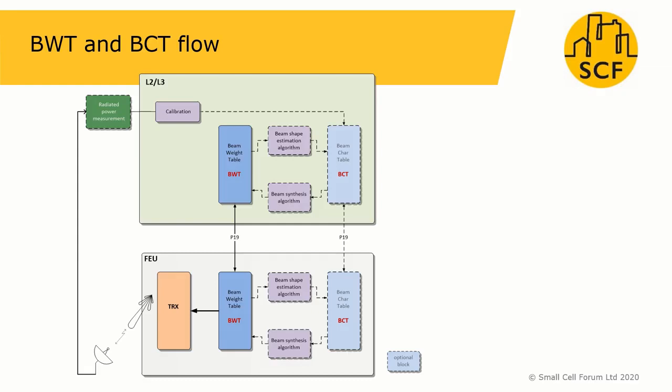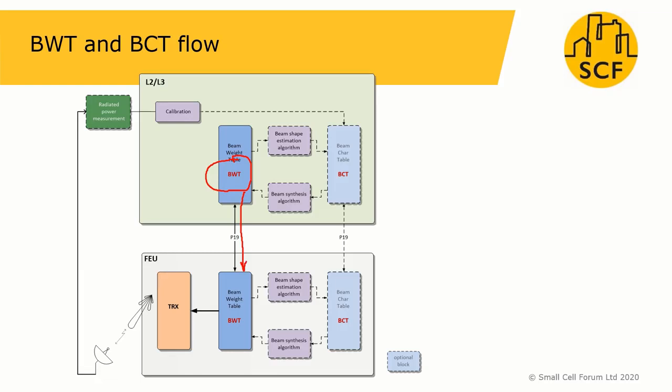The relationship between these two tables can be established in multiple ways, depending on which one originates first. If the beam weight table already exists on the stack, it can be copied to the front-end unit using the API functions provided by P19.